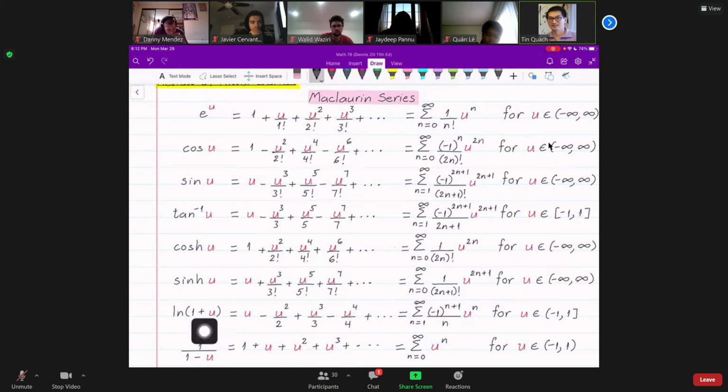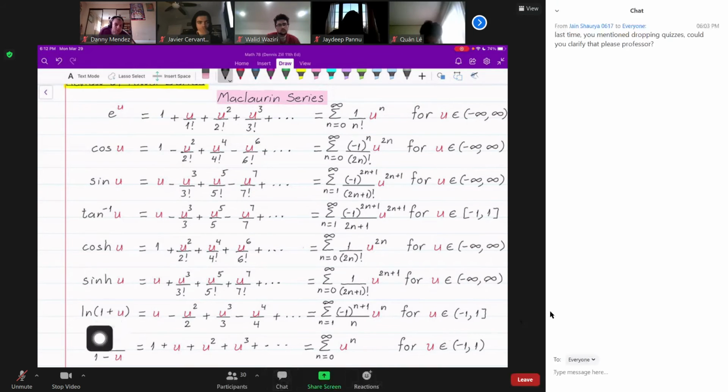And then for the ln, you have ln of 1 plus u. You wouldn't have ln of u because the Maclaurin series for ln of u doesn't exist. That would mean it's centered at 0, and when u is 0, ln of 0 is undefined. So that's why we use 1 plus u instead of u.